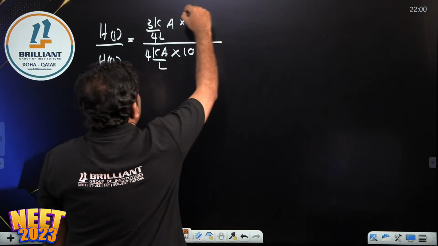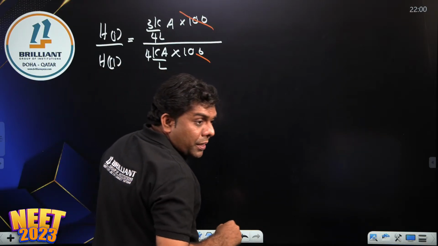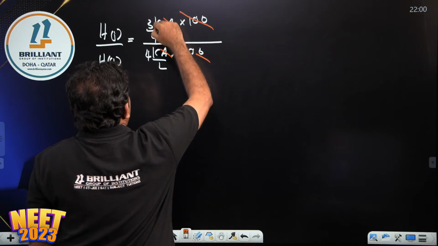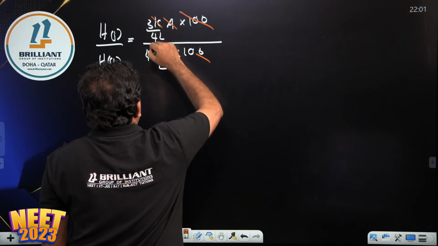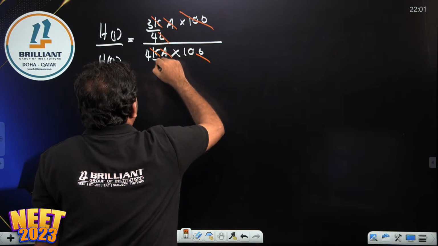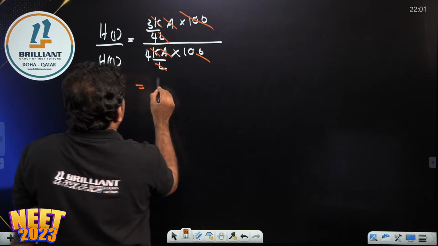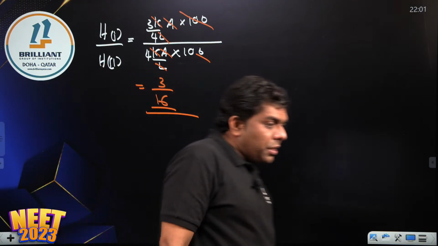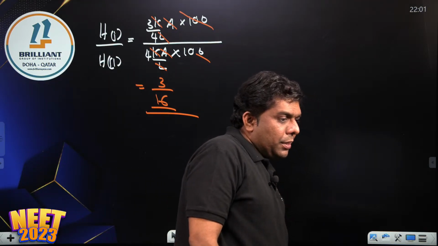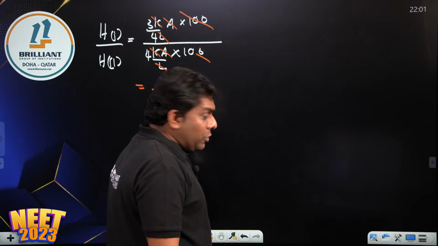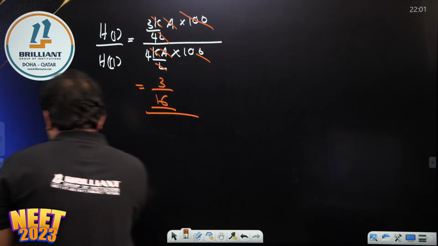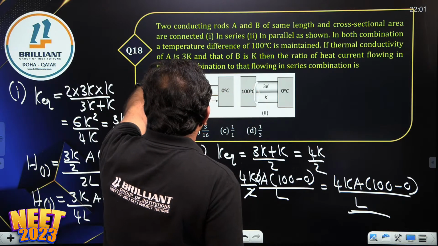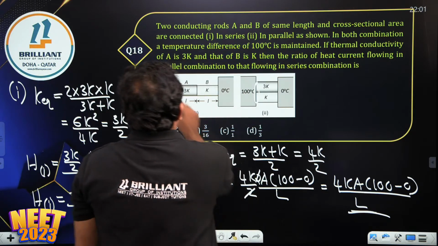Now look, 100 and 100 cancel already. And A and A cancel. And the K value and K value cancel. L and L cancel. So it's coming 3 by 16. The ratio is 3 by 16. Series to parallel, no, look, they are asking in the question, please dear, the ratio of the heat current flowing in parallel to that in series.